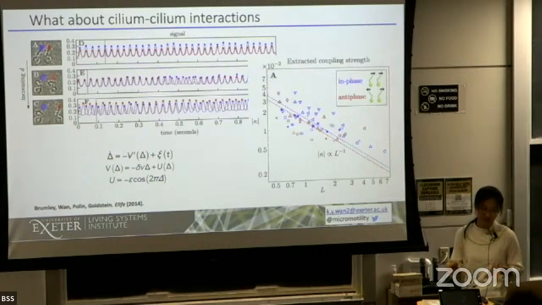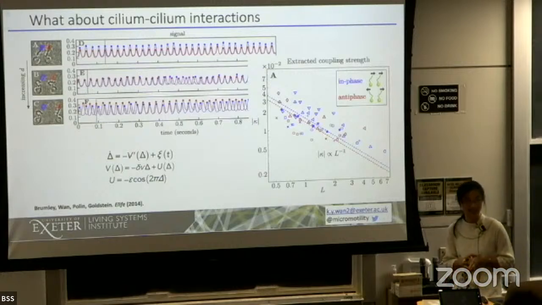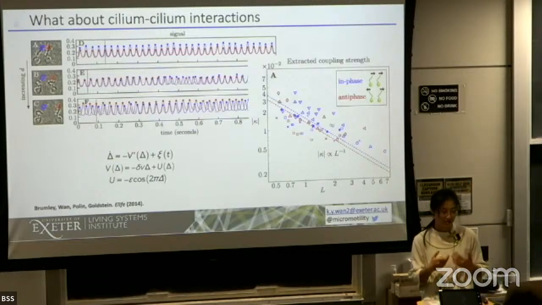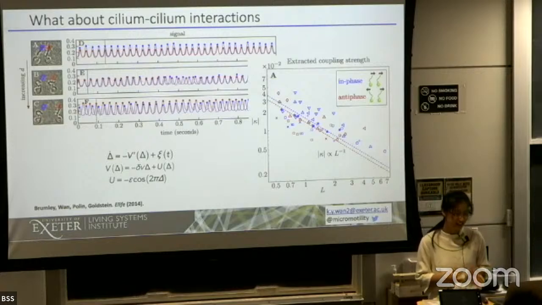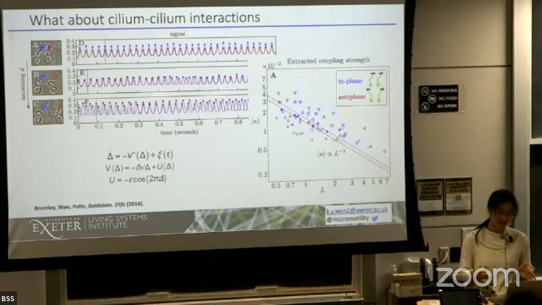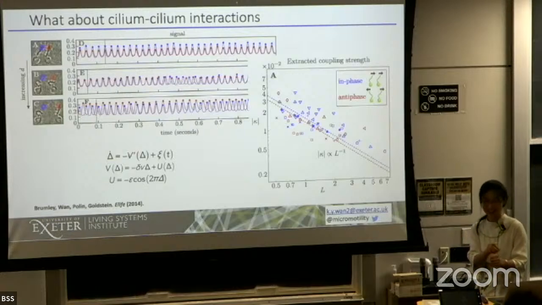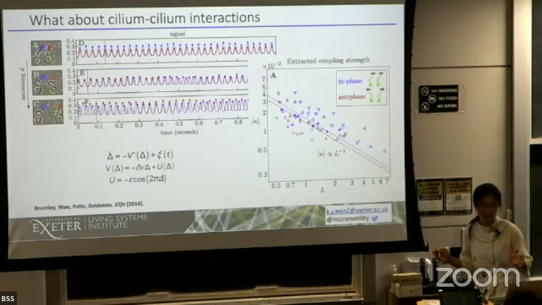And so this coupling strength, you would then expect to decay as a function of separation, and with what scaling really depends on if you have, say, a Stokeslet in a fluid, then the scaling should be 1 over distance, 1 over r, as we saw before.